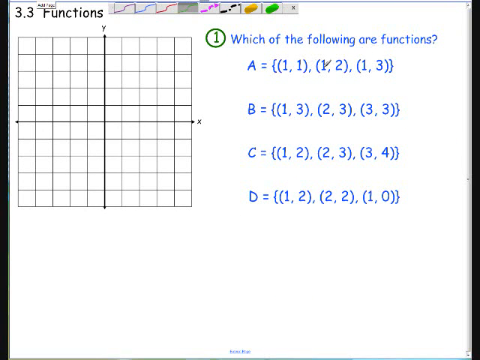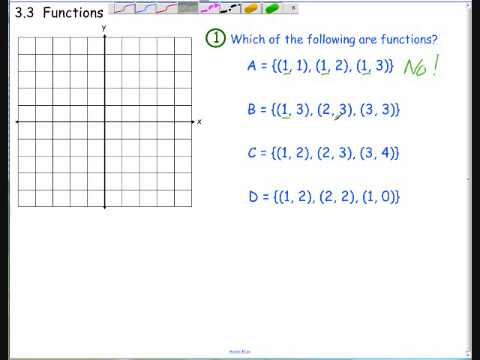Which of the following are functions? So what we're looking for is for every x, there's a unique value of y. So when x equals 1, y can be 1 or 2 or 3. That fails. No. There are 3 values of y for an input of 1. How about this one? For an input of 1, 2, or 3.